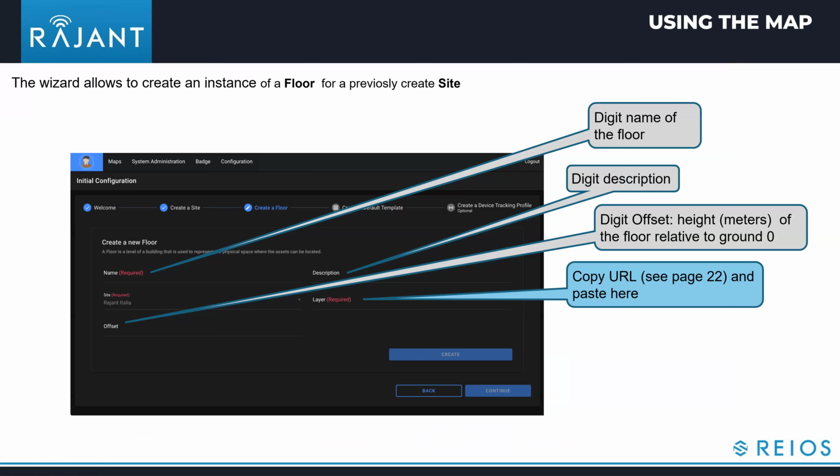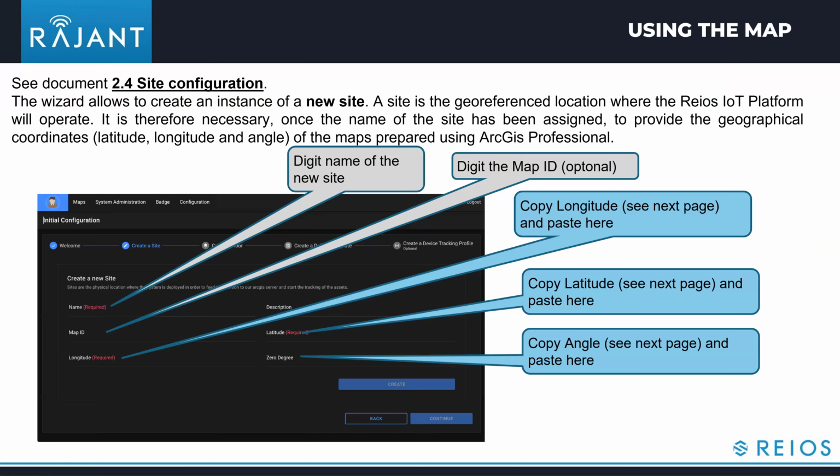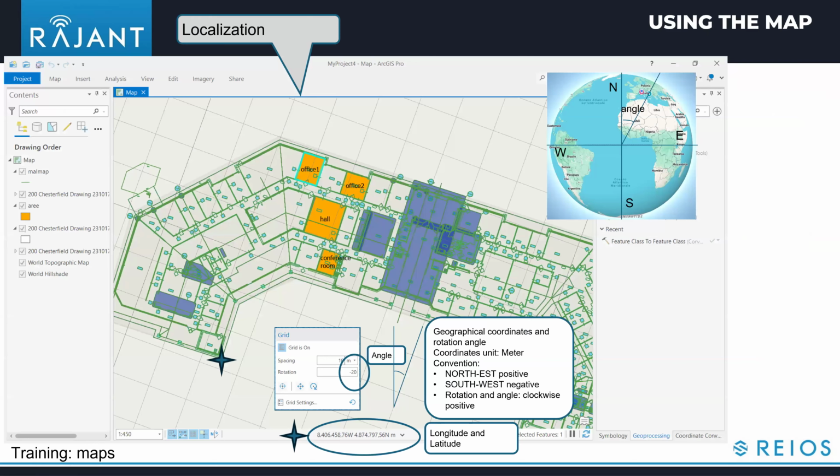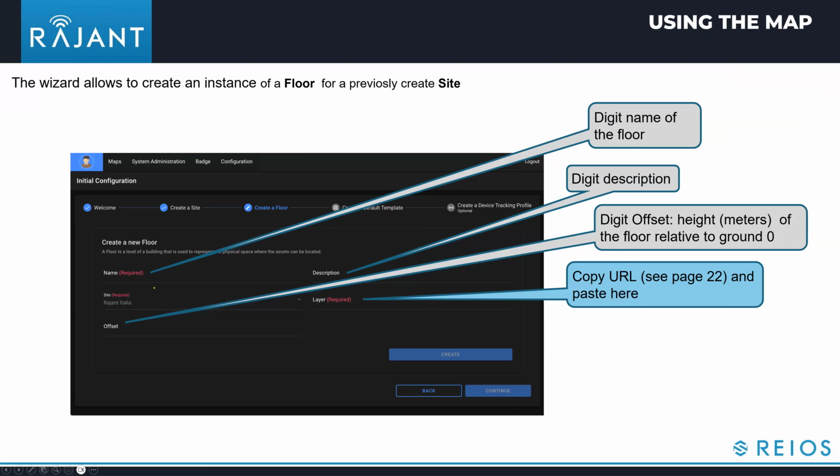This is the last page of the configuration, where we will use the information that we find in the ArcGIS software. It is the URL that we saw before, and this address we can copy and put in this position, layer.